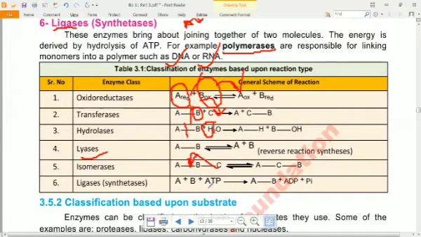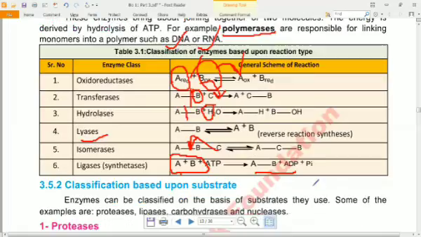So they join monomers or dimers and form polymer chains, long molecules especially of DNA and RNA and proteins, and they use ATP, and ATP is broken down into ADP and Pi.